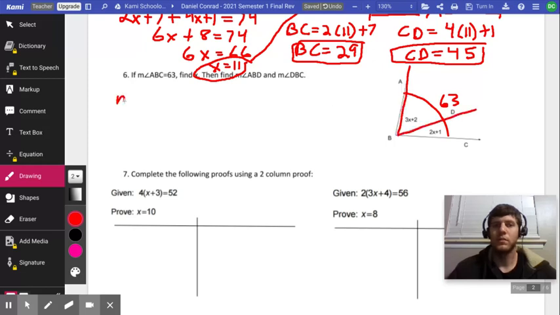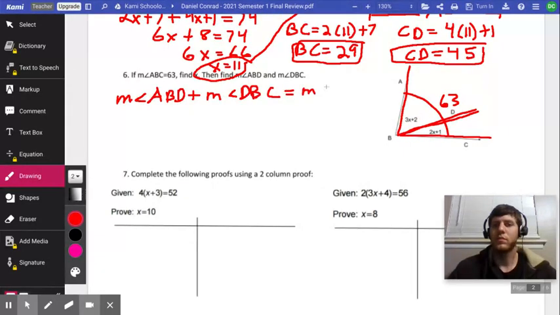So the measure of angle ABD plus the measure of angle DBC is going to equal the whole thing, which is the measure of angle ABC. So just like segment addition, we're going to do the first piece plus the second piece equals the whole thing.